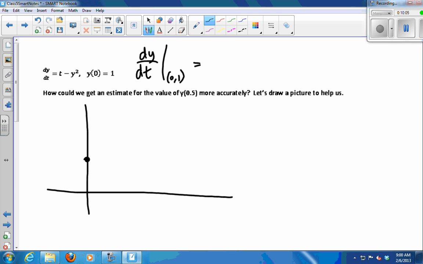Yep, I plug in 0 for t, and -1 squared equals -1. Okay, so I know that I'm going to be moving in the downwards direction, right? And let's mark off, that looks like about 1.